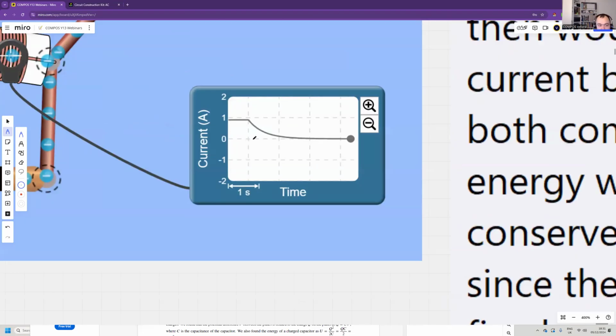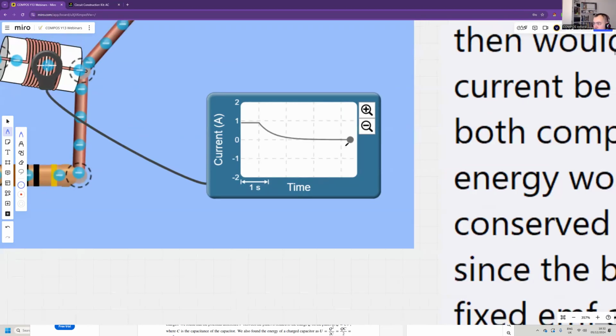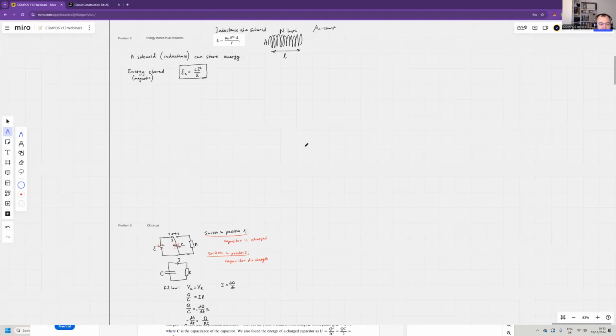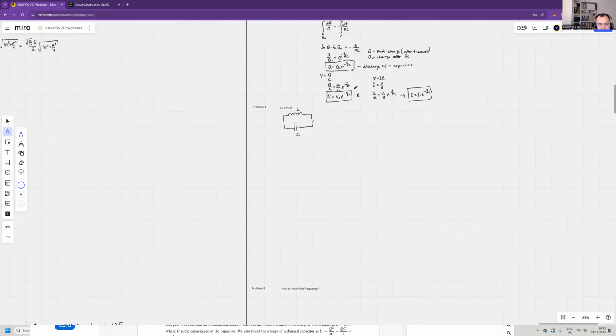You're interested in the total area under the graph, and that's why you have to use infinity, because there's no point at which you say, oh, the current is zero now, because the current is technically never zero. Mathematically, it's never zero. Hope that makes sense.